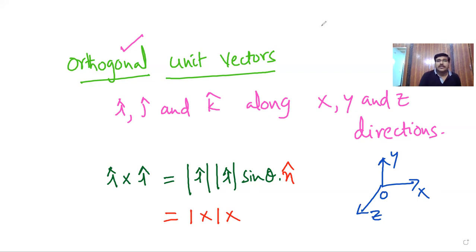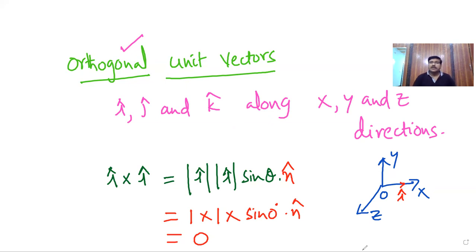Theta is 0, so sine 0 is 0. So I bar cross I bar becomes 0.